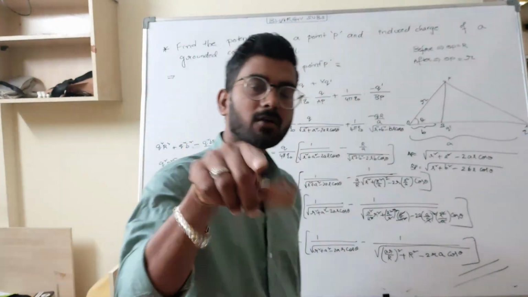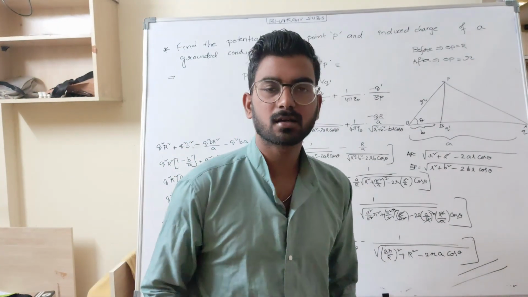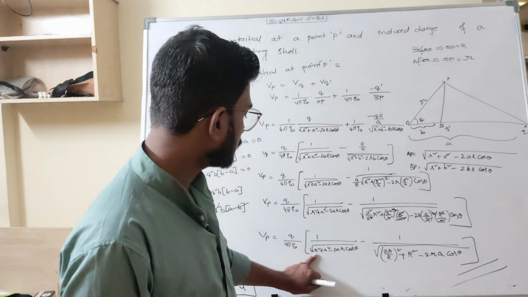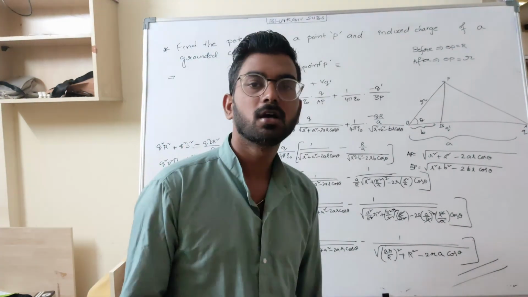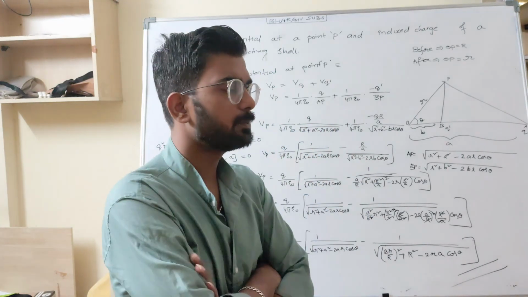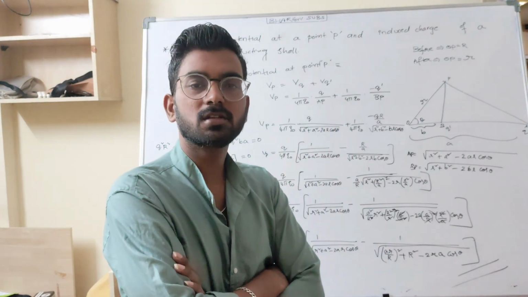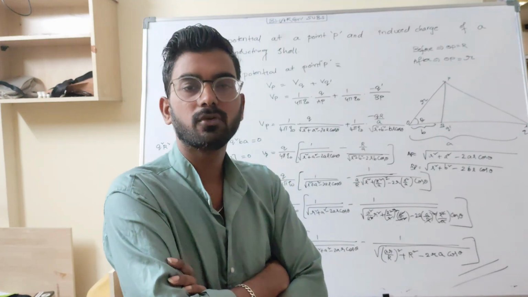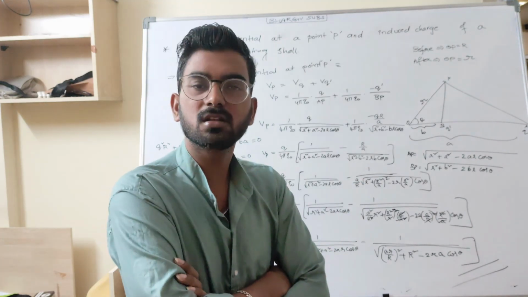I have to confirm whether this is correct or not. How can I confirm? I already told you that at small r place you can also substitute if you want to find the potential. So the potential at point P means what? The distance from the center to the point, correct? If it is present on the radius, then what is the small r?